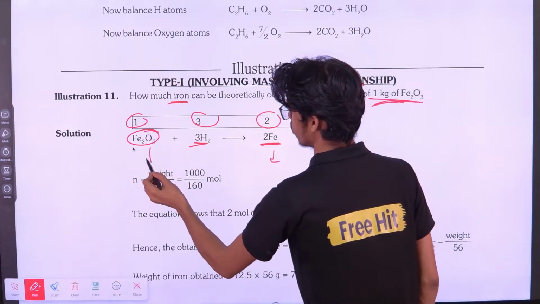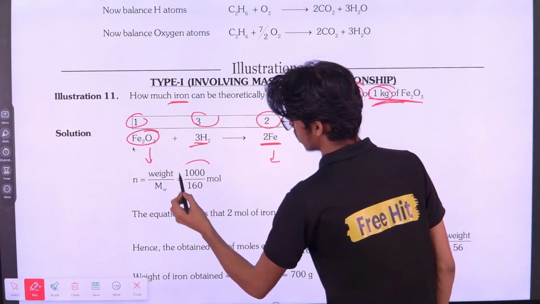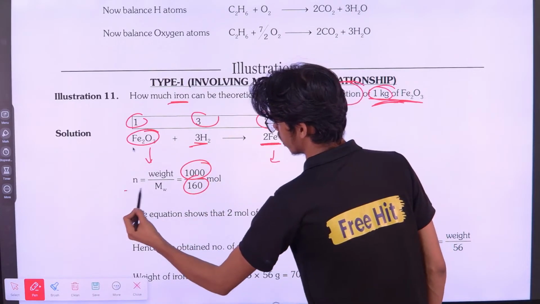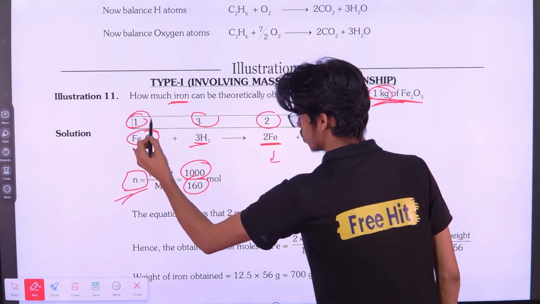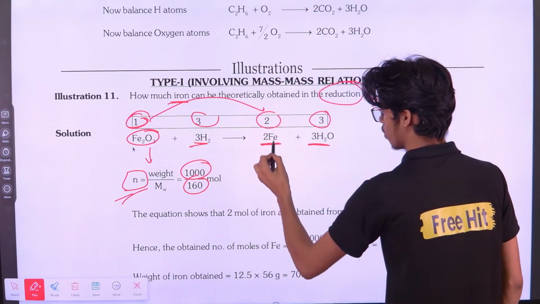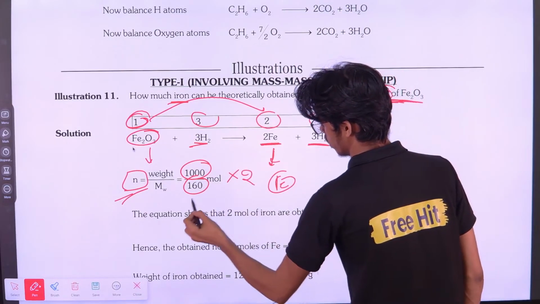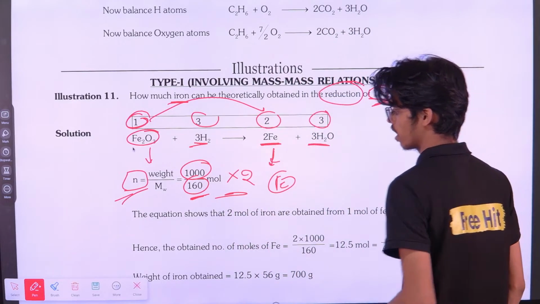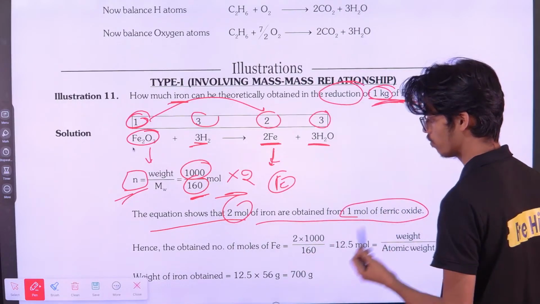So how many moles of Fe2O3 do we have? We have 1 kg. So the given mass, 1000 gram, divided by the molar mass, you will get the number of moles. And once you get the number of moles, twice the number of moles you will get for iron. The equation shows that 2 moles of iron are obtained from 1 mole of ferric oxide, obviously.